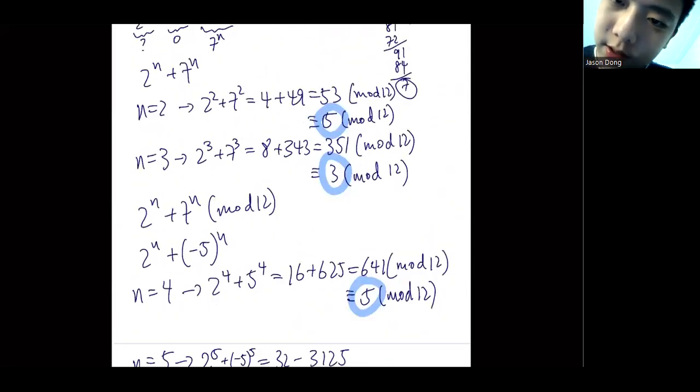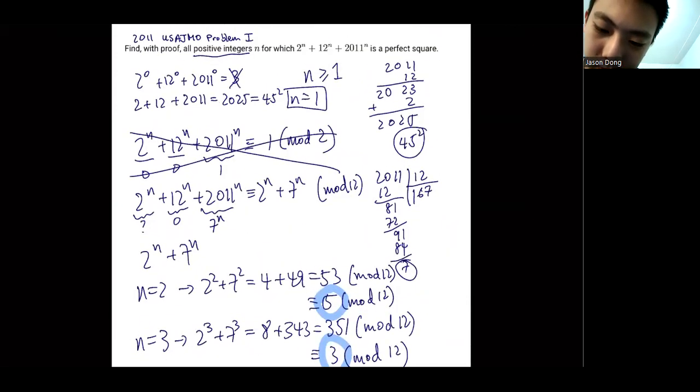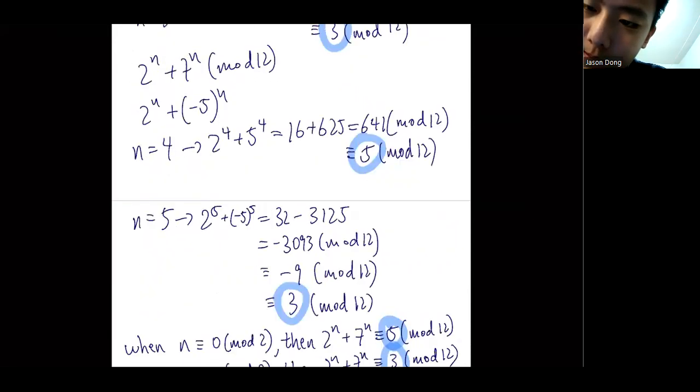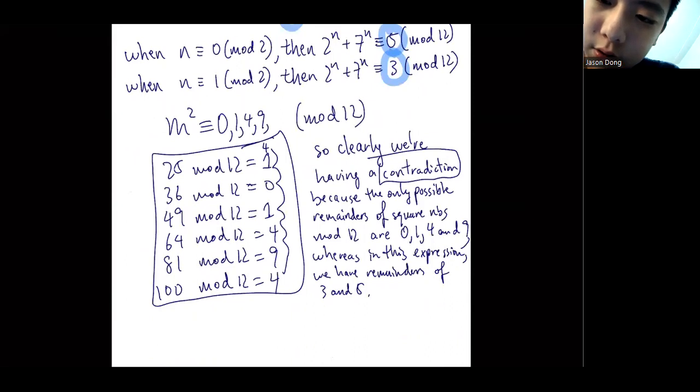So from all of this, we're only trying to get the possible remainders when taking mod 12. So that shouldn't be written in your official solution. So basically, we're done with the problem because we have a contradiction here.